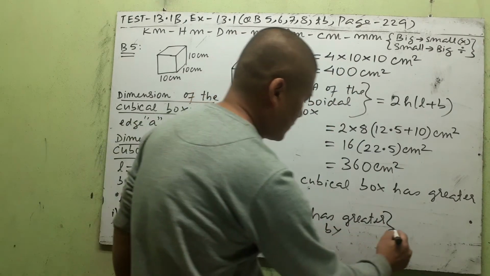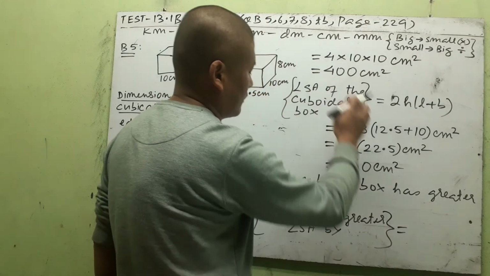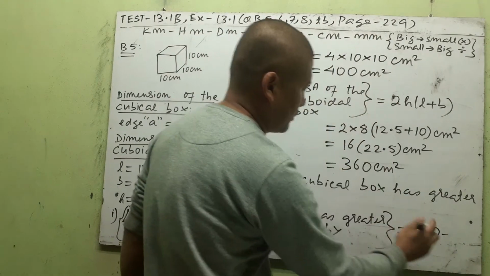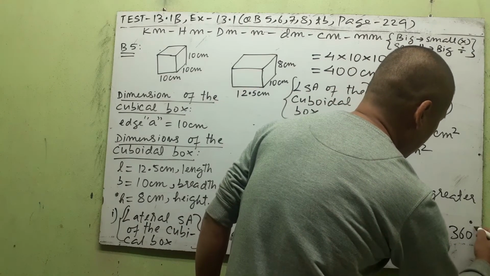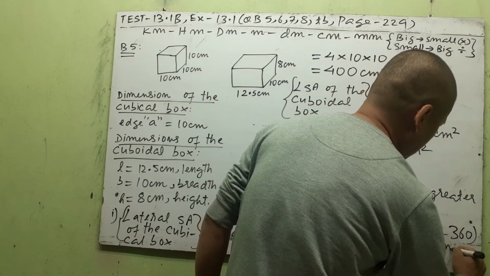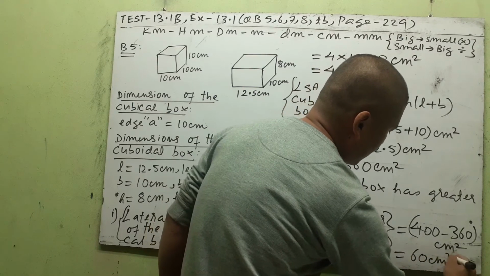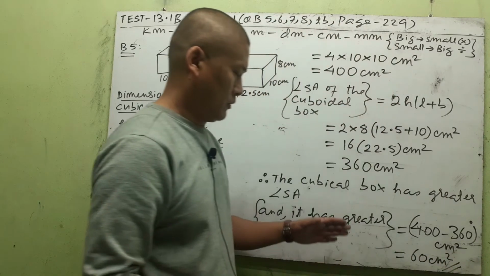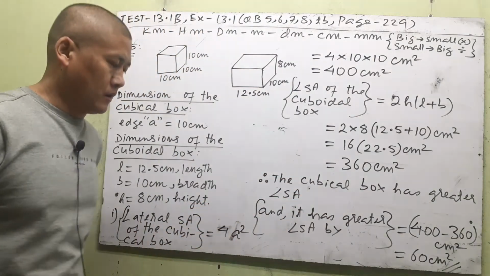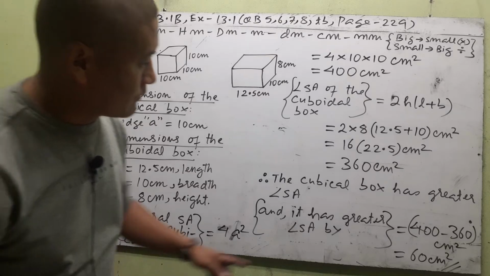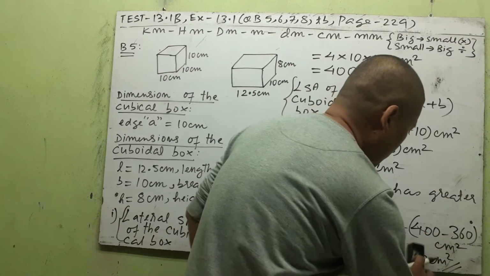The answer is the bigger one, 400, minus the smaller one, 360, close bracket, and write centimeter square at the back. So by 40 centimeter square area, the cubical box has greater lateral surface area. 400 minus 360 is 40.